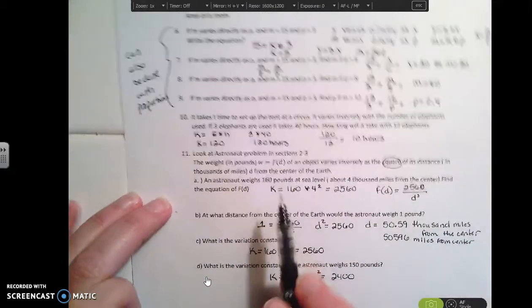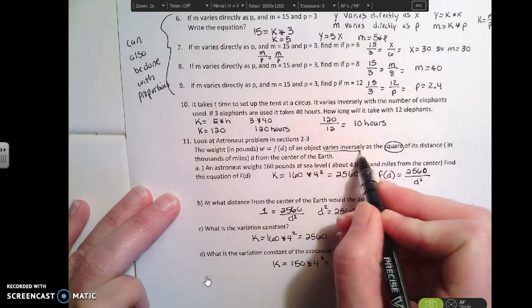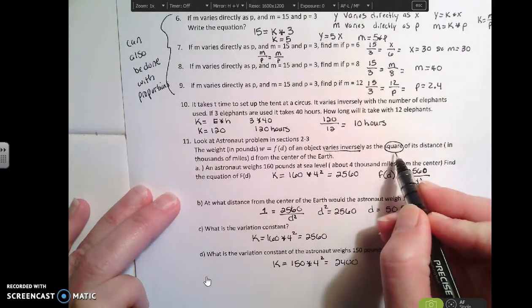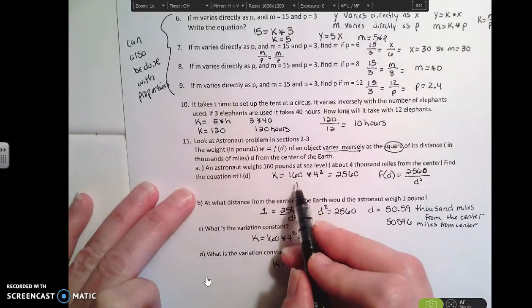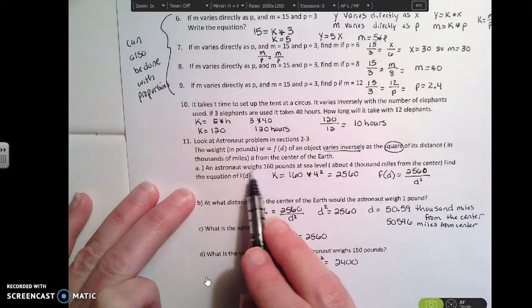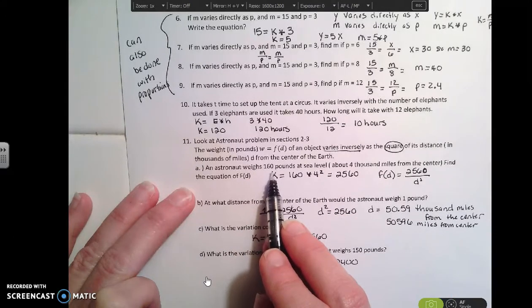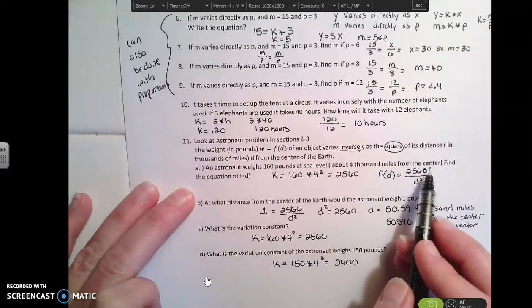Another example that we have here says it varies inversely as the square of the distance. So for example, my constant is going to be the distance squared. The astronaut weighs 160 pounds at sea level, and that's about 4,000 miles from the Earth's center.